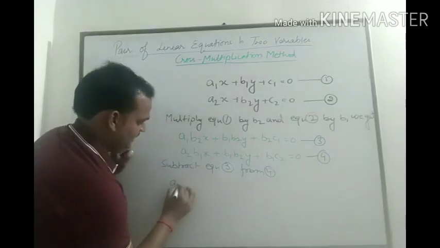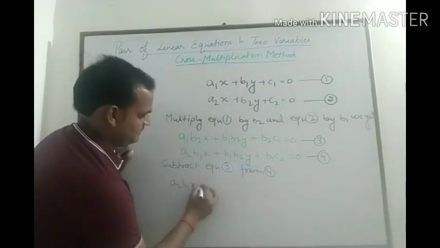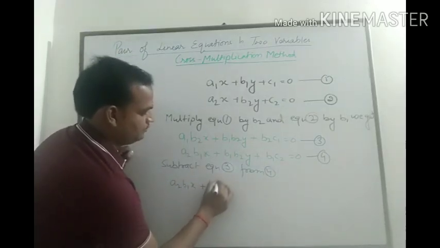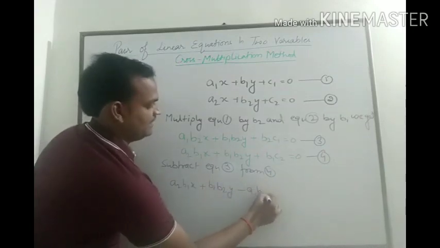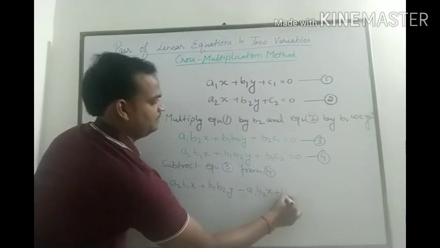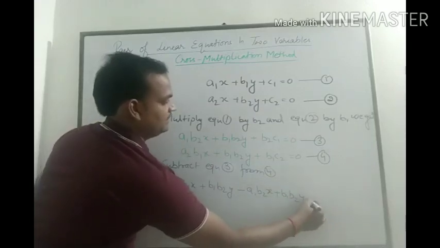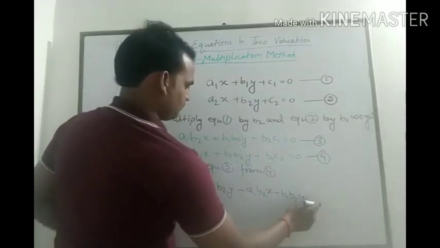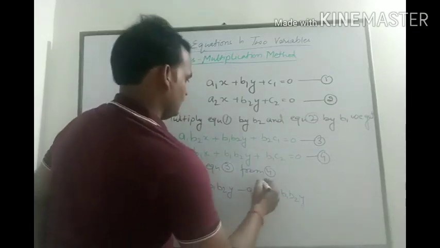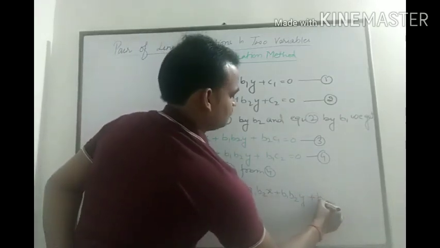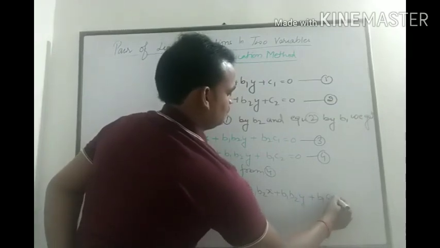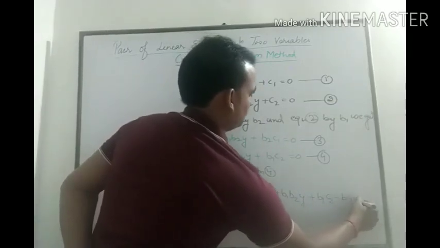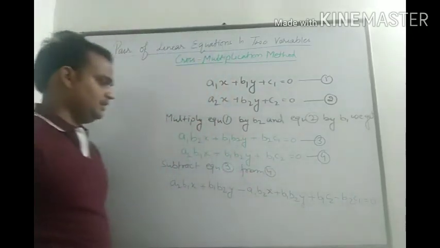So a2 b1 x plus b1 b2 y minus a1 b2 x plus b1 b2 y, and plus b2 c1, b1 c2 minus b2 c1 equals 0.